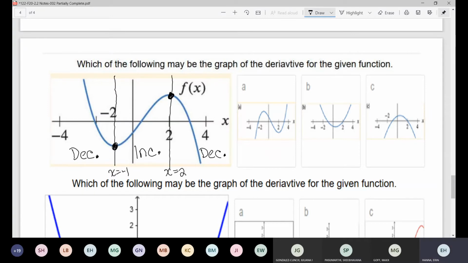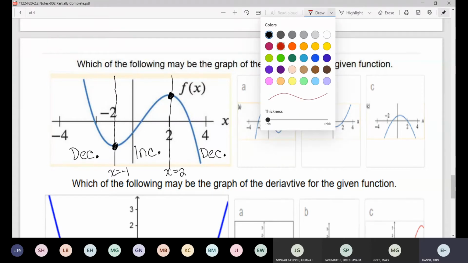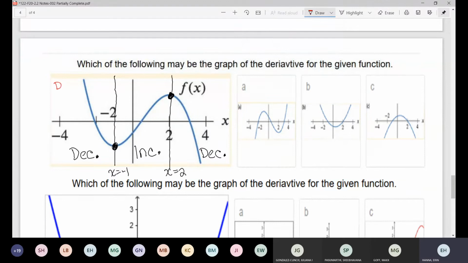So what that means about the derivative, let me write it in a different color. So for the derivative, the red means for the derivative. If the original is decreasing, my derivative is going to be negative. If the original is increasing, my derivative is going to be positive, and then negative.